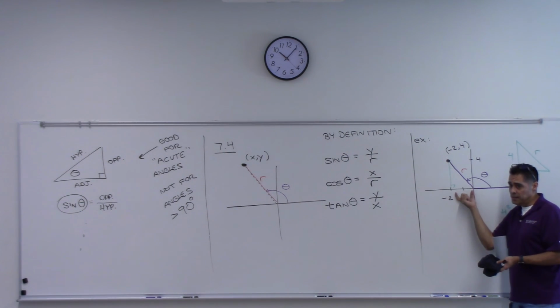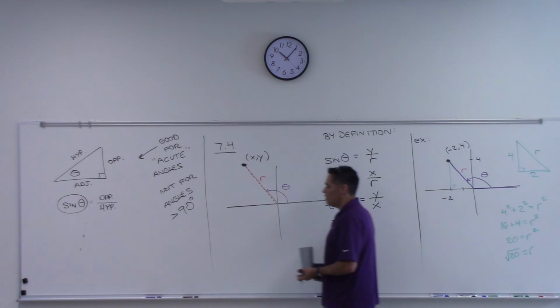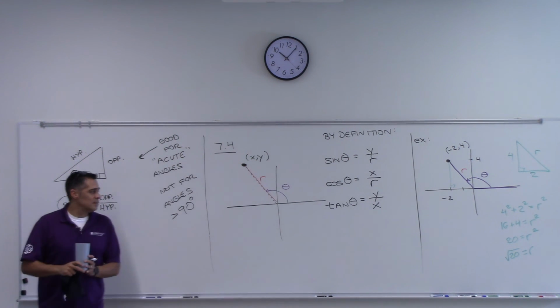How long is this side? 2. And then you can solve for r. I like this way because you avoid the distance formula, even though mathematically you're computing the same thing. It just looks different, and people like that more than the distance formula. Did I answer your question?